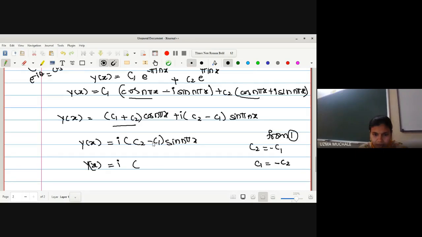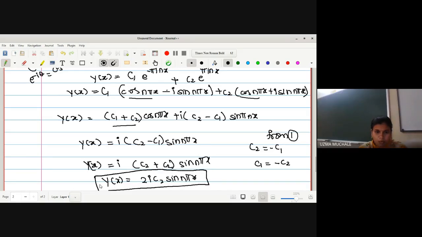If I write C1 is equal to minus C2, minus becomes plus. So this will be C2 plus C2 sin n pi x. So y of x will be equal to 2i times C2 sin n pi x. Okay. So this is the solution we have obtained.